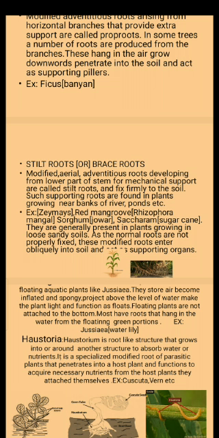Such supporting roots are found in plants growing near the banks of rivers and ponds. Examples are red mangroves, commonly called Rhizophora mangle, sorghum, jowar, and sugarcane.